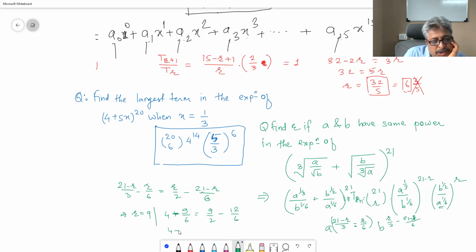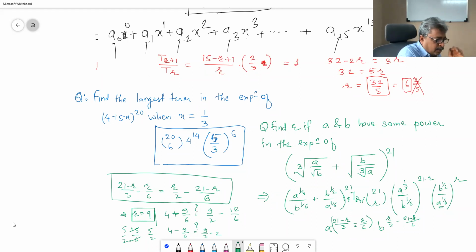So 4 minus 9 by 6 is equal to 9 by 2 minus 2. Is this equation correct? 24 minus 9 is 15 by 6, that is 5 by 2. Right. So for r is equal to 9, this equation is going to be true.